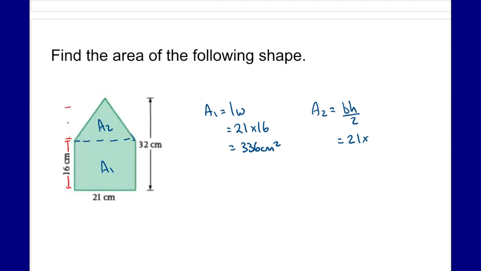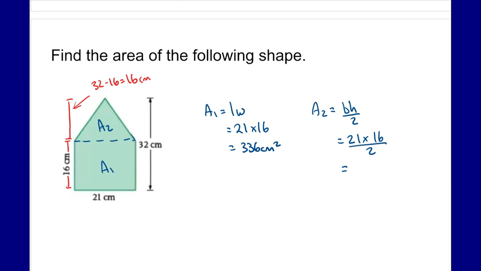The height of my triangle will be the other portion, which should add up to 32. So this height is going to be 32 minus 16, which equals 16 centimeters. So that means the area is 21 times 16 divided by 2.